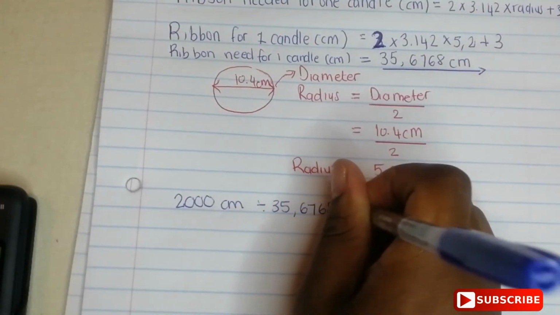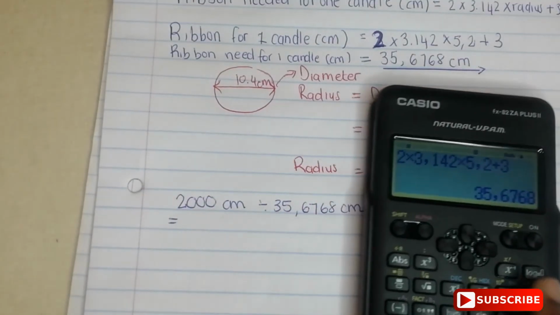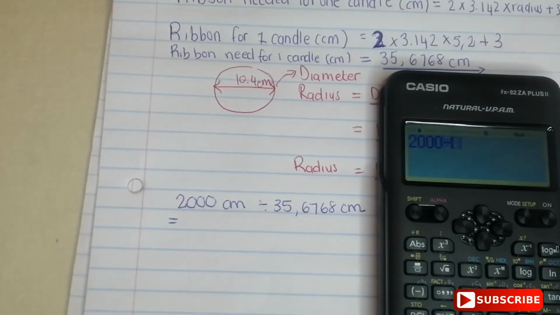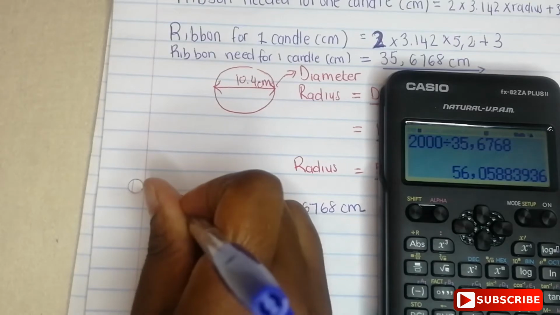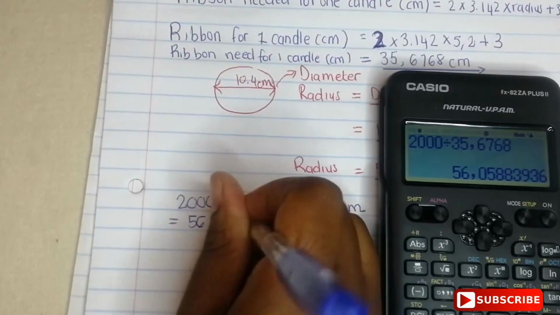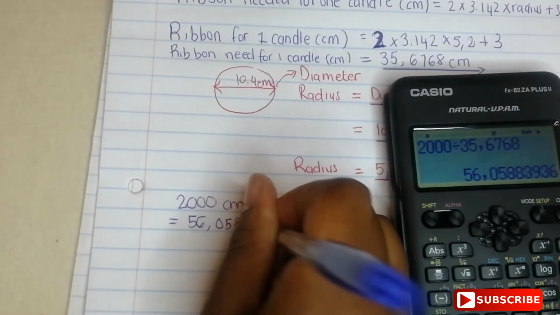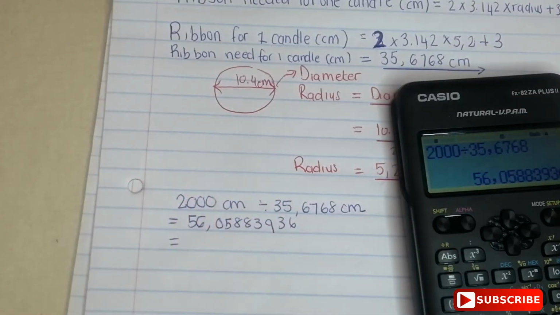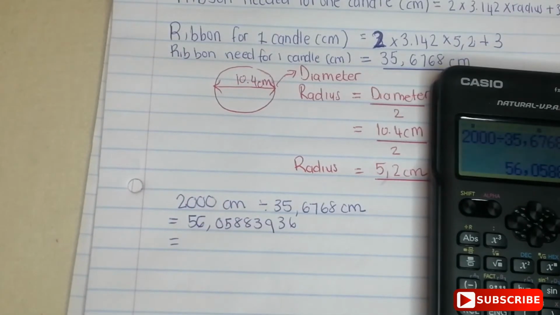Punch that into your calculator: 2000 divided by 35.6768, and you get 56.05883936.